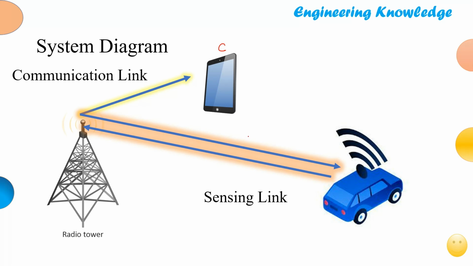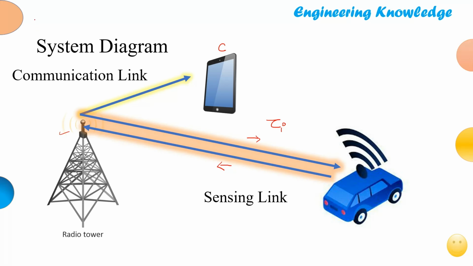What happens is, in the first duration we send a signal, and then the target reflects the same signal and you receive it back. In that way you have a round trip delay of tau, and we estimate, based on the round trip delay and the angle at which the EM wave is coming back from the target, the object that is in the vicinity of the mobile station.